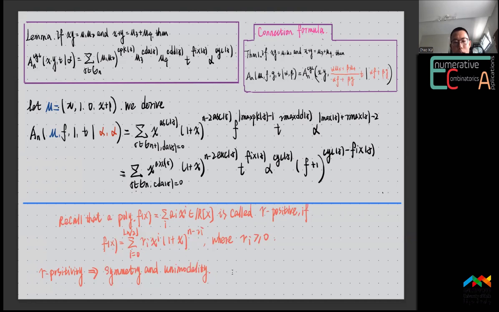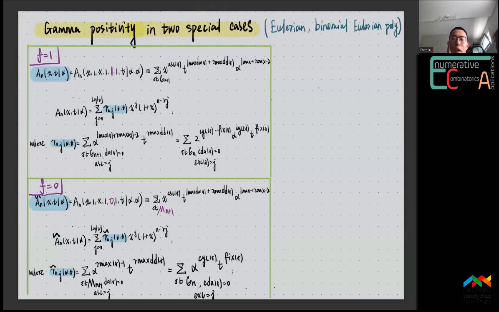Gamma positivity implies symmetry and unimodality. From these two cases, we can derive the two gamma positivities for the Eulerian numbers and the binomial Eulerian numbers. Gamma positivity is here.